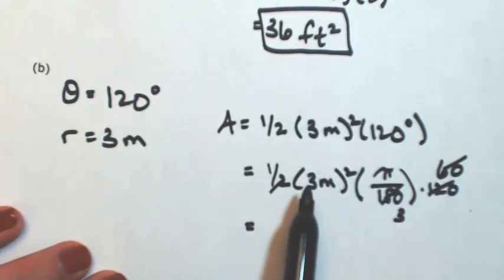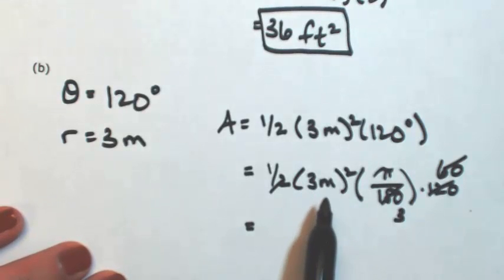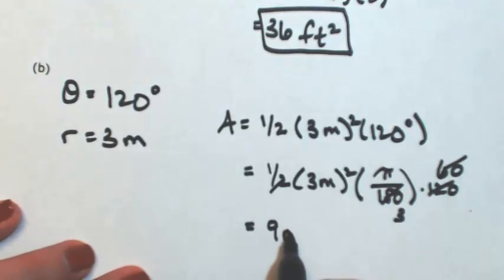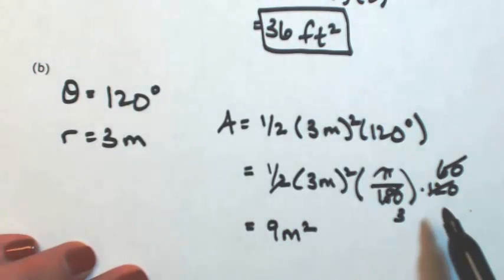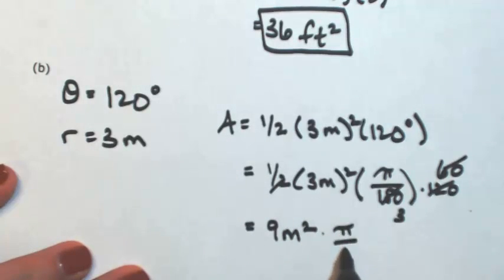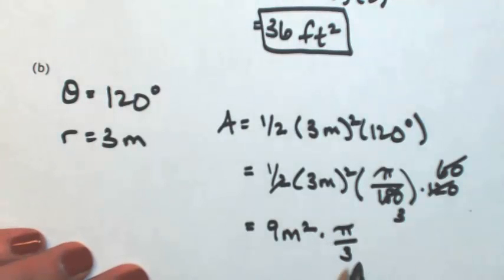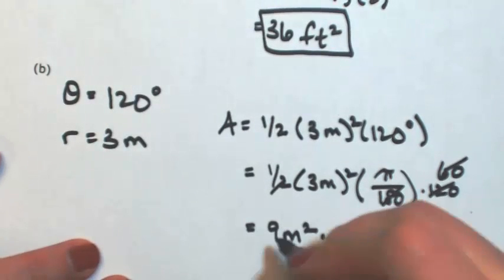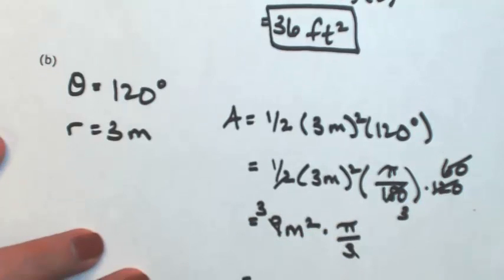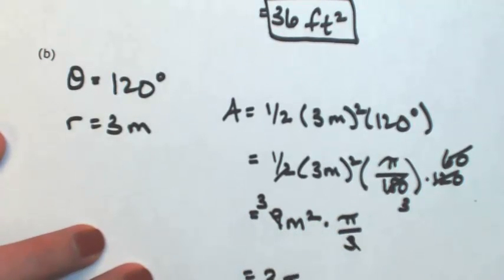Now when I go to square 3 meters, that's going to become 9 square meters times pi over 3. So then 3 goes into 9 3 times. So I end up with 3 pi square meters.